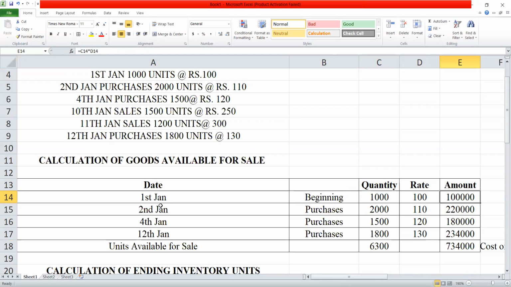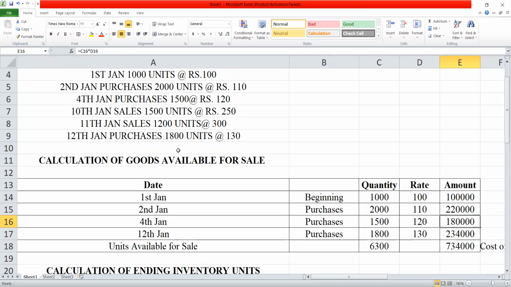On 2nd Jan, we have purchases of 2000 units at rupees 110, and it's 2 lakh 20,000 rupees. Simply you can multiply the amount. Again, we had a purchase of 1500 units on the 4th Jan at rupees 120, and here the calculated amount is 1 lakh 80,000 rupees.